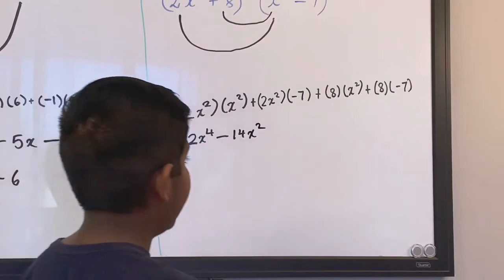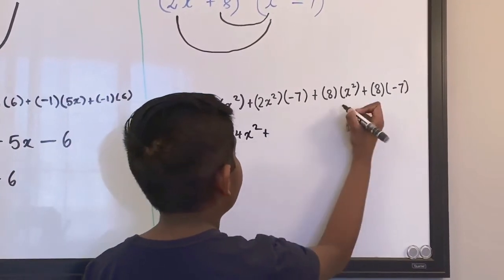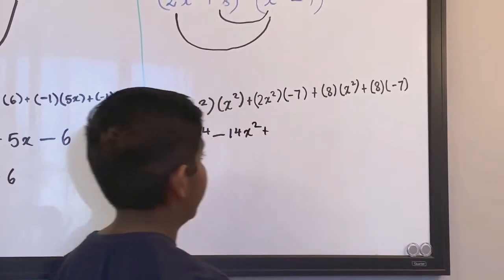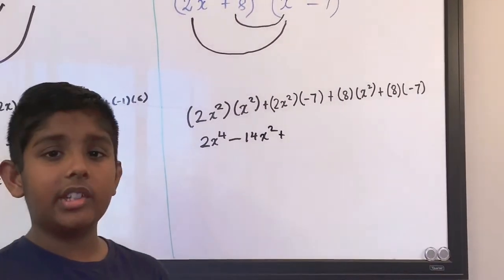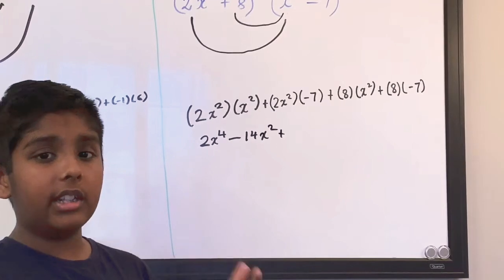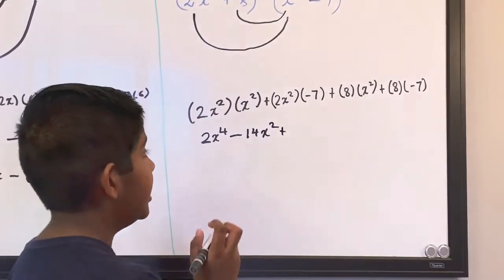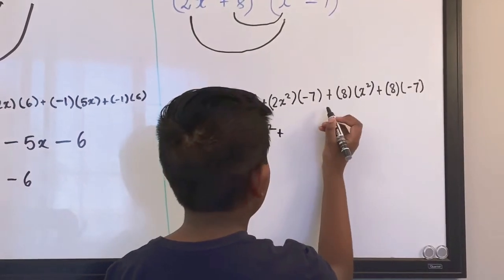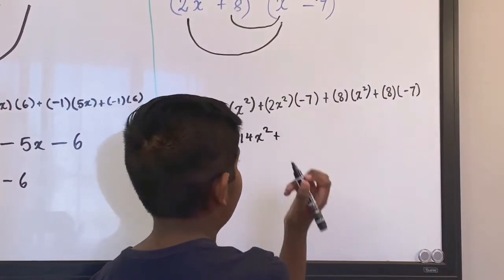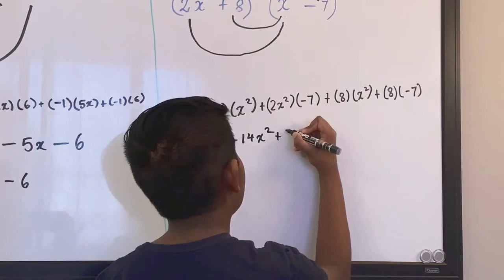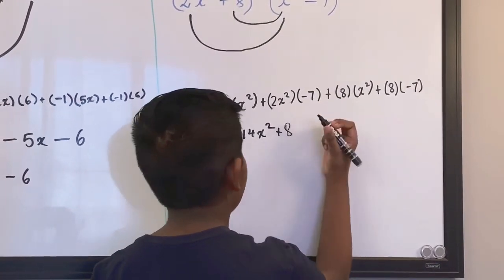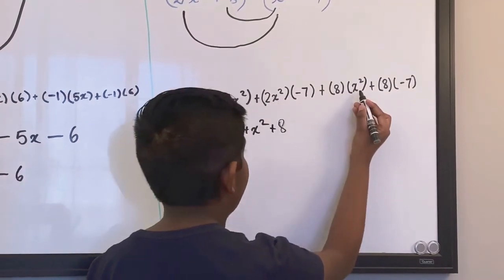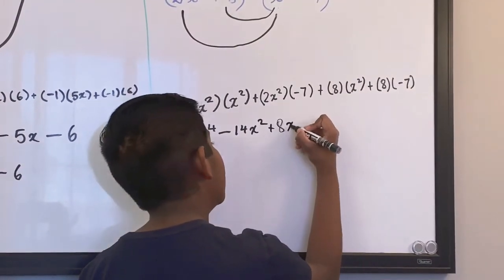Now let's move on to the next part. 8 times positive x squared. We have positive 8 and positive 1, and 8 times 1 is 8. We have two positive numbers, so our answer is going to be a positive number. We have no variable here and a variable here, so let's just write down that variable.